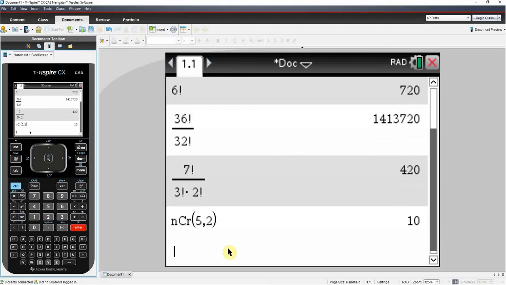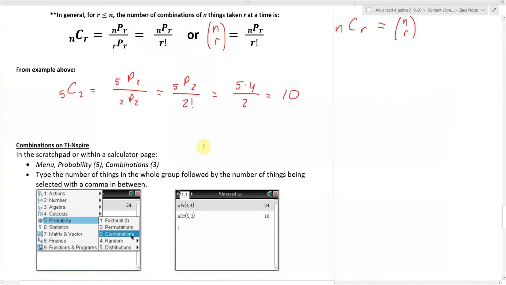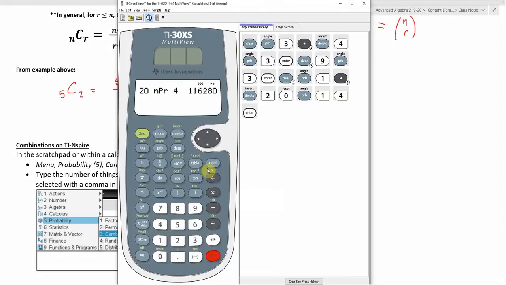There we go, we get the 10 that we saw. In the scientific calculator that I've been working with here, we would do 5, then the probability button and choice 2 is nCr. So 5 choose 2, and there's our 10 that we saw.